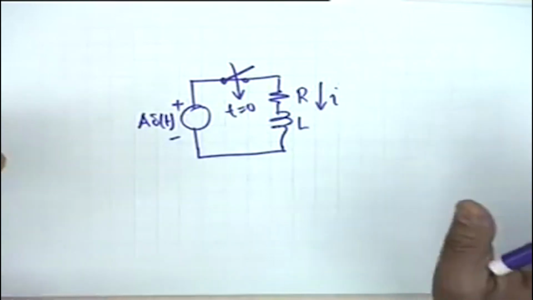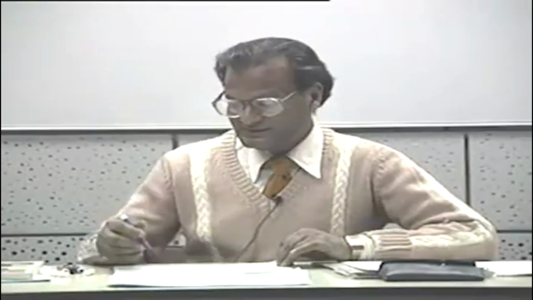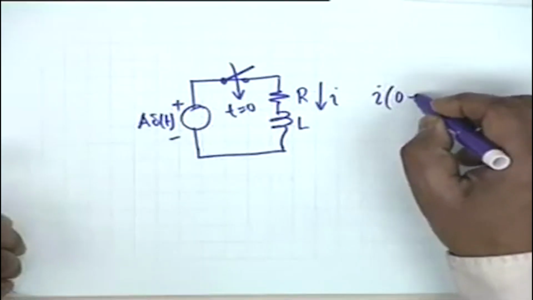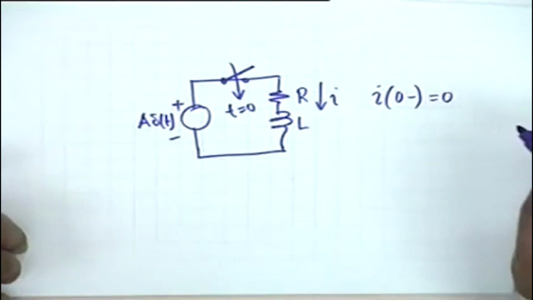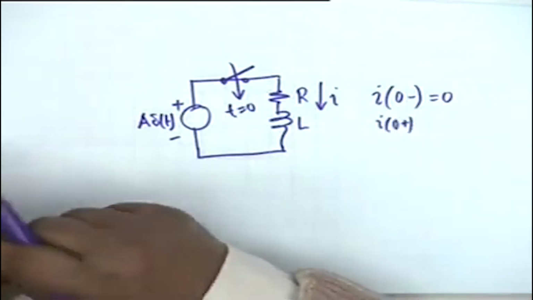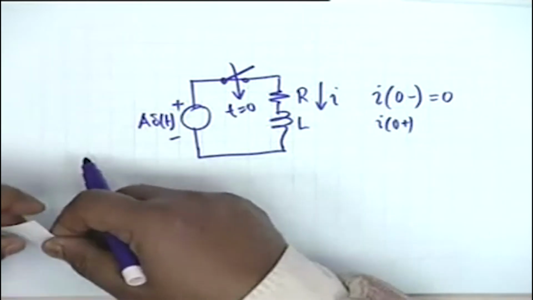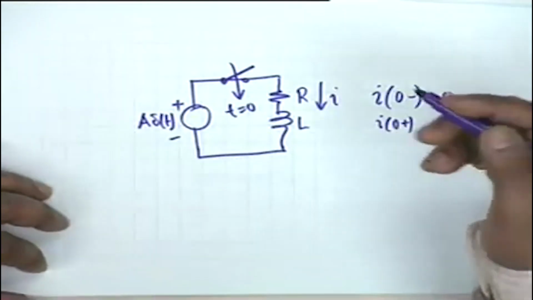Now comes contradictions to our hypothesis, which we have been working with so far. I of 0 minus is 0. I of 0 plus should have been 0. Isn't that right? Because an inductor cannot change its energy instantaneously. But this is a calamity situation, a crisis situation.